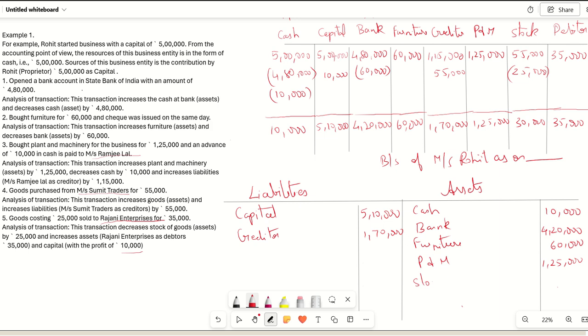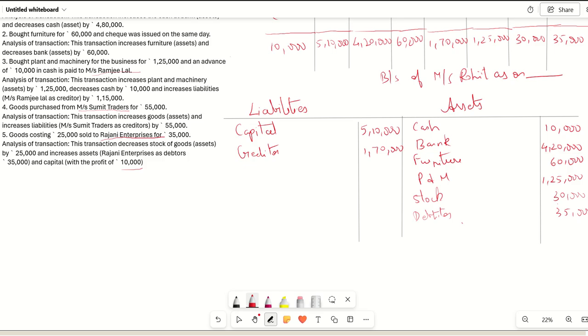And then you have stock, which is 30,000, and finally you have the debtors standing at 35,000. So if you total both the sides, it comes up to 6,80,000, and here also it is 420, 430, 490, 590, 680. Right.